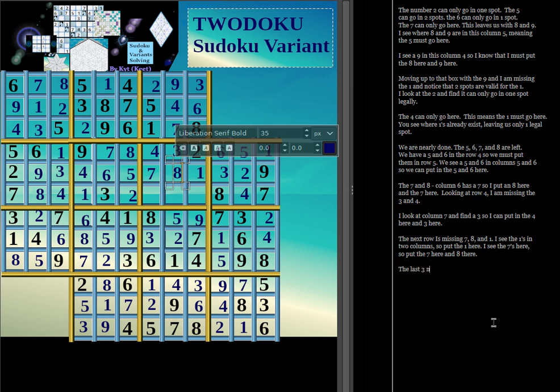The last 3 numbers are 5, 6, and 9. We can simply put them in by making sure of what other numbers are in those columns so as not to duplicate.